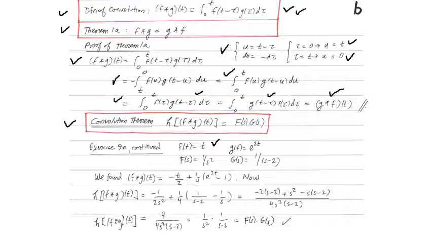In that exercise, we had two given functions of t. f of t is t, and g of t is e to the 2t. Now we know, of course, the Laplace transforms of those functions at this point. F of s, the Laplace transform of f of t, is 1 over s squared, and G of s is 1 over s minus 2, from our earlier work calculating known transforms of simple functions.